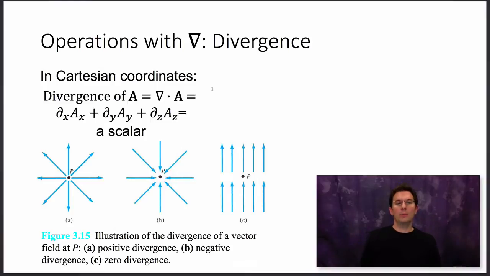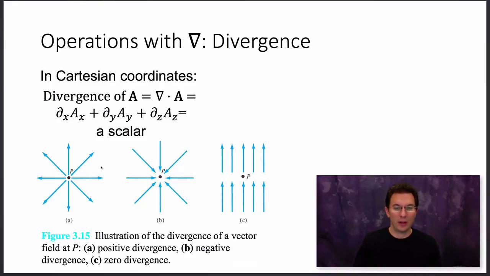So the operation of the dot product on a vector results in a scalar. Just to give you some intuition of what the sign of the divergence will be for various kinds of fields, have a look here at figure 3.15. If this is what the vector field looks like at a particular point, say point P, this field is going to have a positive divergence.